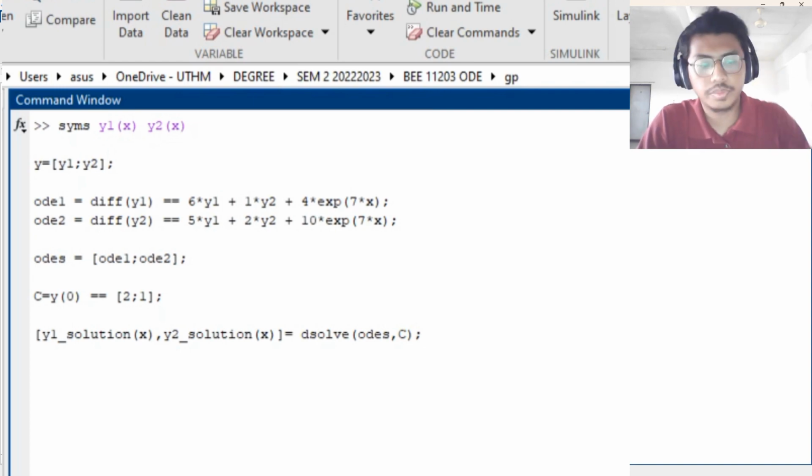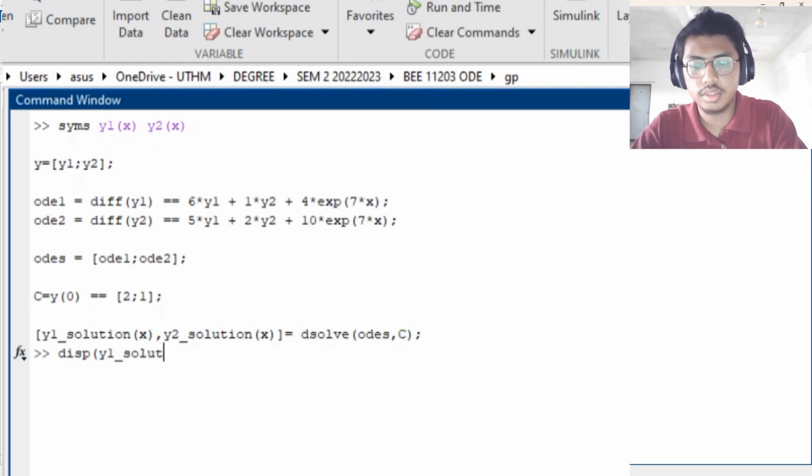When we input this, I will press enter, and then the system is registered into MATLAB, so we need to display it. First we need to display the y1 underscore solution x. Don't forget to put the bracket and semicolon.